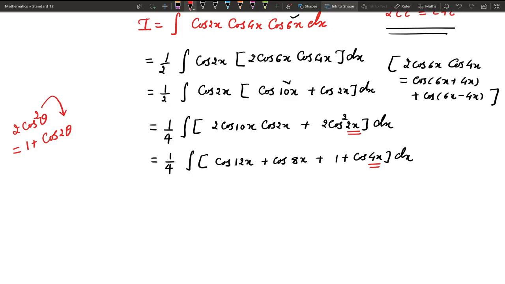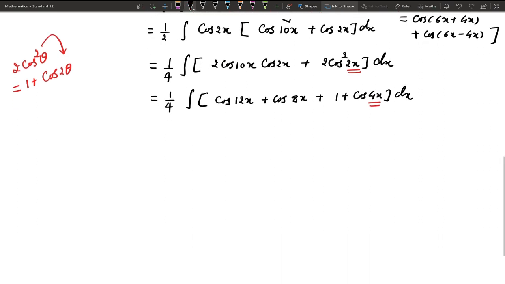So now we can integrate term wise. So 1 by 4 times: integration of cos 12x is sine 12x by 12, integration of cos 8x is sine 8x upon 8, using the 1 by a formula.